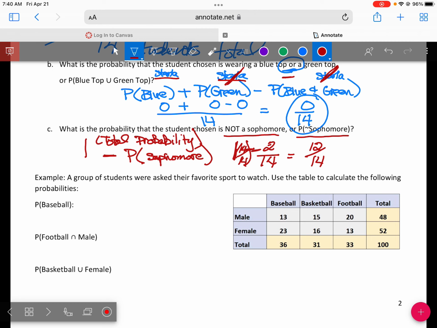What can I divide and simplify both of those with? Dividing by 2 over 2. And I get 6 over 7. So whenever you have a not kind of statement when it comes to probability, you take 1, or the full amount of the probability, minus its opposite. Okay? Jeremiah, I really want your head up on this one.